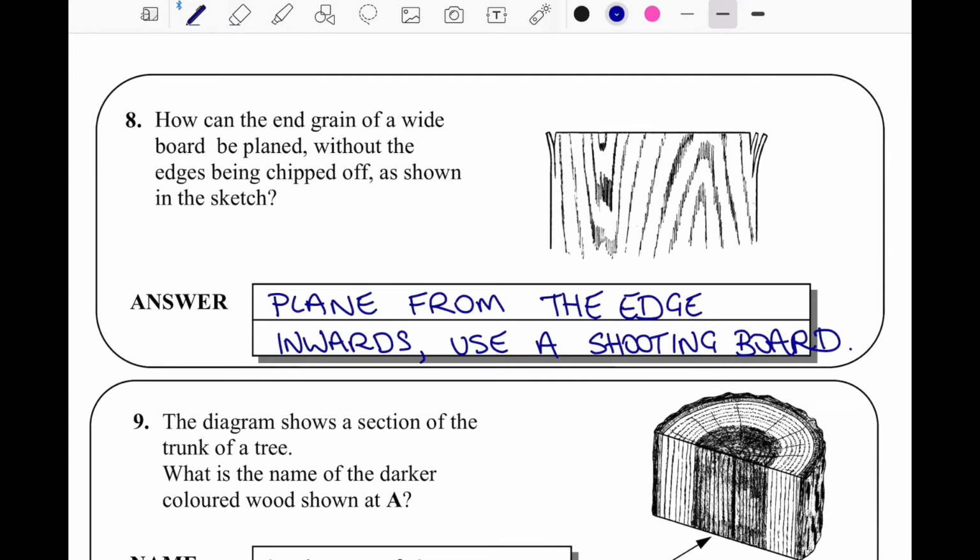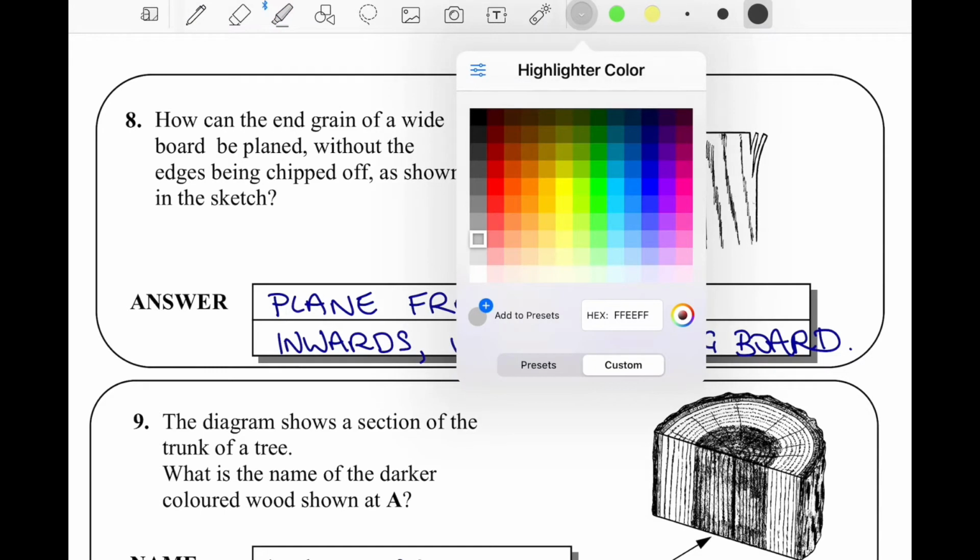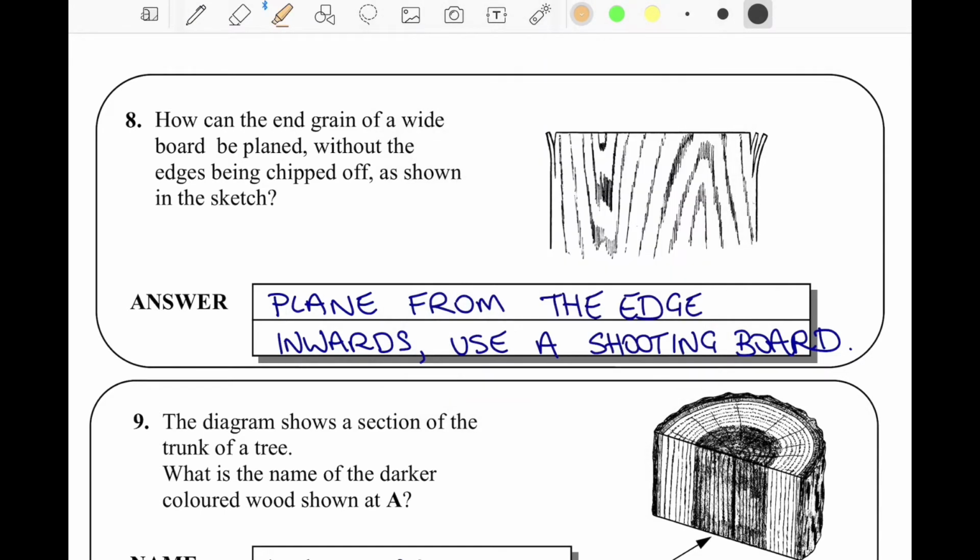What they're asking you is, how can the end grain of a wide board be planed without the edges being chipped off? So they're showing you a board there where the edges are chipped, and they're saying, if you plane across the end grain of any piece of timber, the edges will start to chip off.